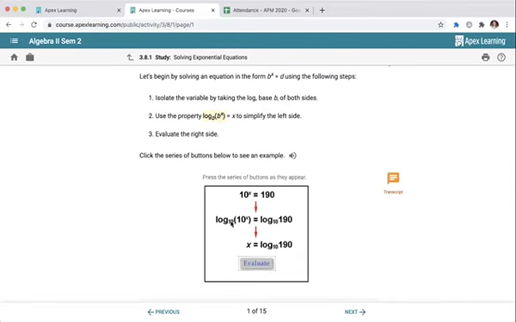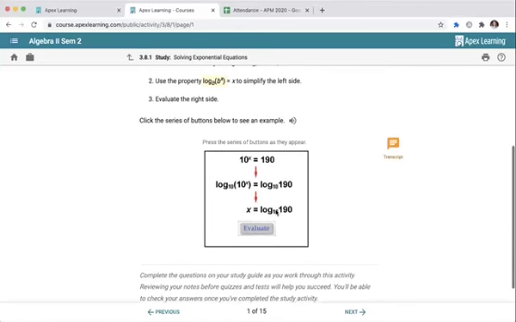So over here, log base 10 of 10^x is going to cancel the 10 value out, and we're just left with our exponent. So we have x is equal to log base 10 of 190.